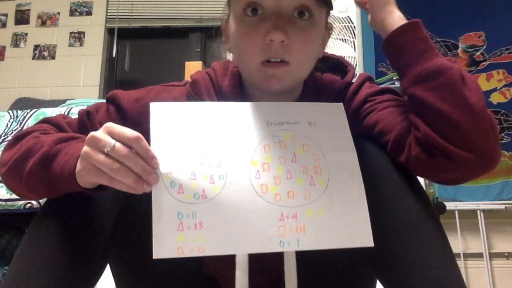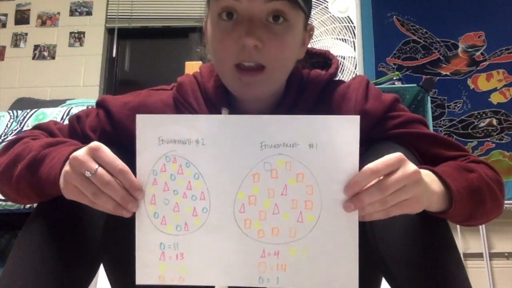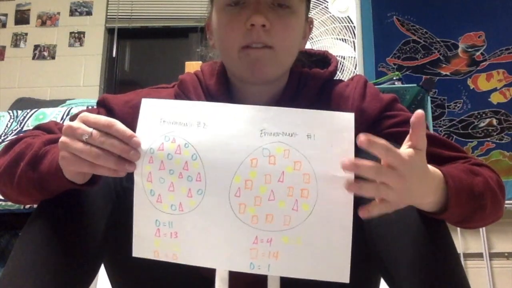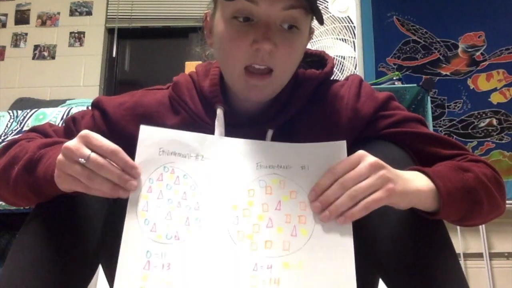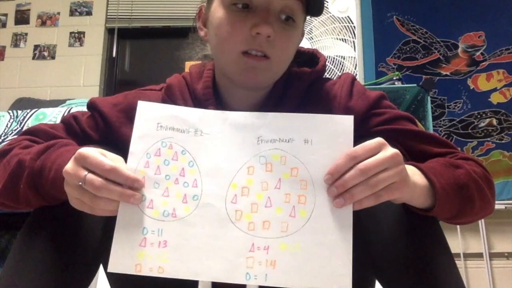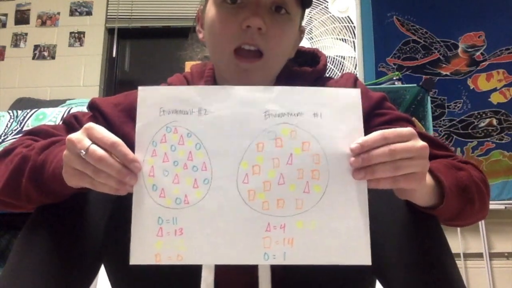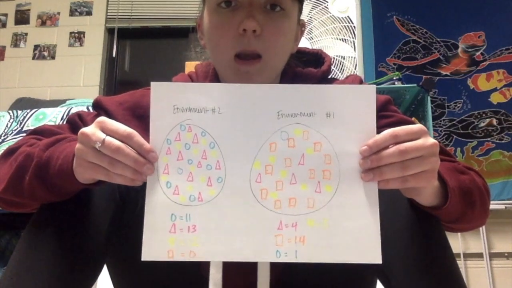Every organism is important in its environment. And speciation is the formation of a new species in an environment, and this actually may have occurred in environment number 1.